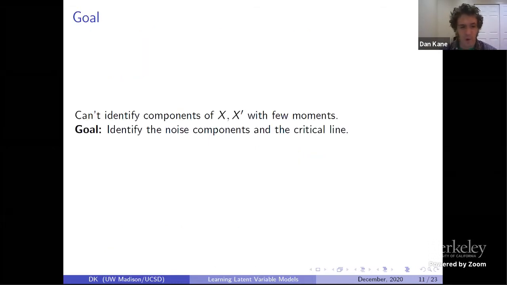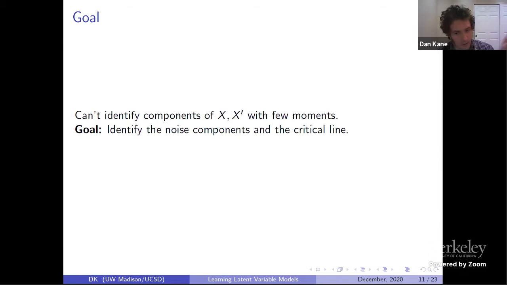So what can we hope to accomplish then with method of moments? We can't hope to identify all of the individual components of x and x prime with just a few moments. But maybe we could identify these noisy components that we added in to increase the dimension. And then once we've identified those, we again can't identify the individual components of x or x prime because they do match moments with each other.